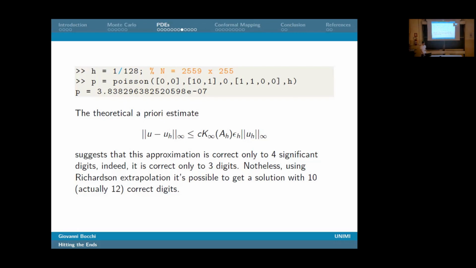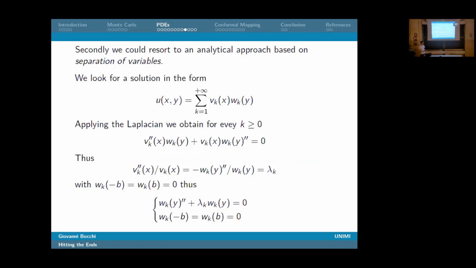So now we try a second approach, which is an analytical approach that uses separation of variables. We look for a solution of our problem obtained by an infinite sum of the product of functions depending only on x and only on y. This is a classical technique for solving some kinds of PDEs.